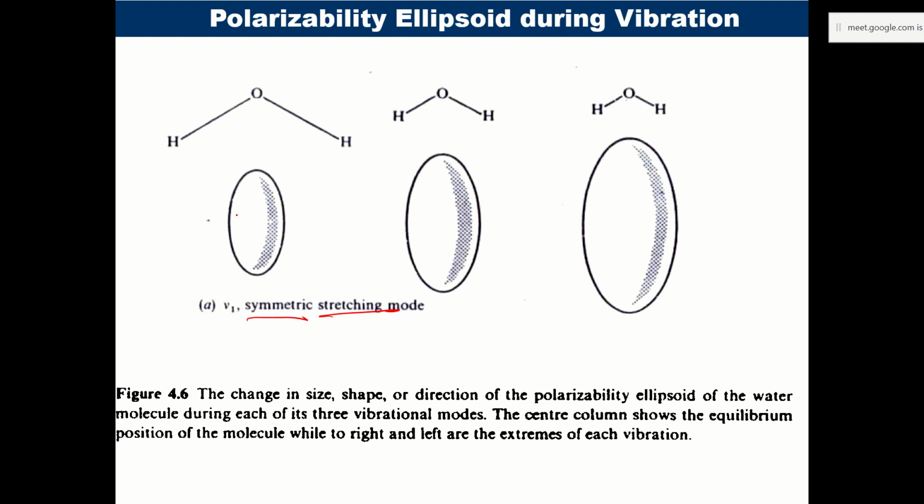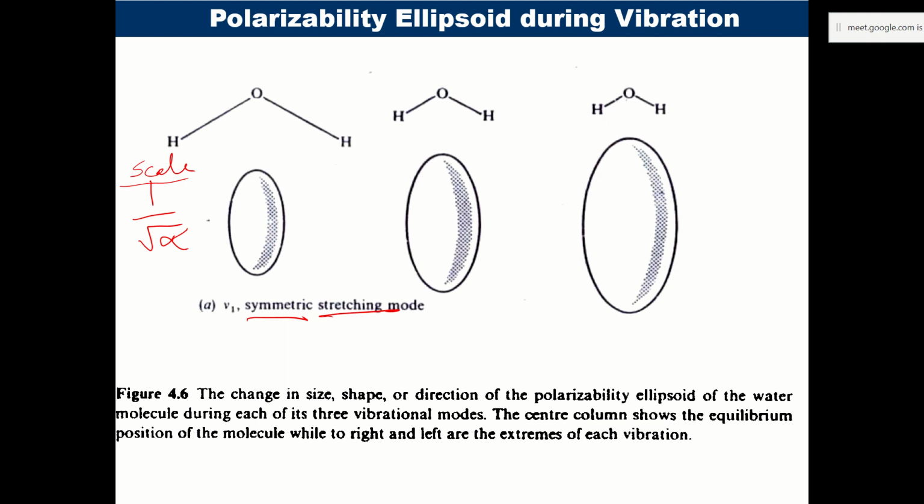So see, the ellipsoid is smallest because ये 1 by alpha का scale है, 1 by under root alpha is the scale, so that is giving you rise to this kind of axis.